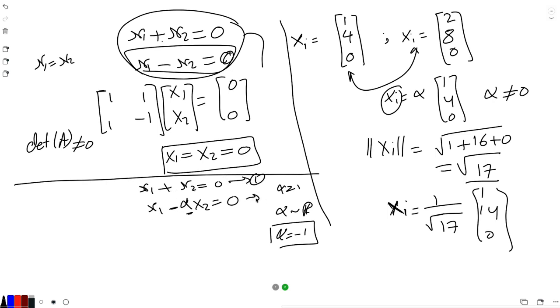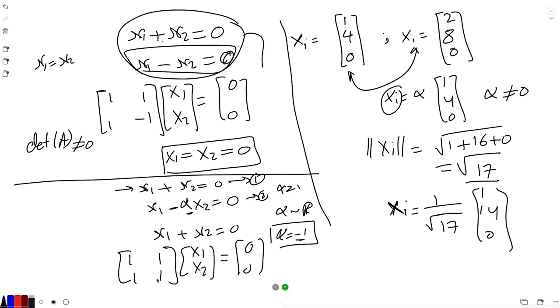If this is equation 1 and this is equation 2, then simply I will have x1 plus x2 equal to 0, and here I have x1 plus x2 equal to 0. So A is equal to 1, 1, 1, 1, then x1, x2 equal to 0, 0. The second equation is identical to the first equation, or just linearly dependent on it, which means that we can ignore the second equation and rely only on the first equation.